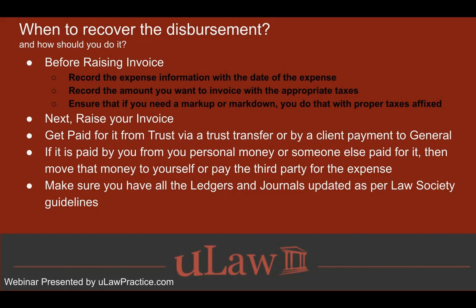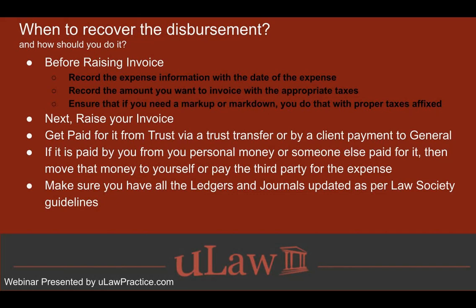And the last point here is, if the payment was made from your personal account, could be an owner's pocket, then you will transfer the money from your trust to general and then draw the money from general to pay yourself. Just to make sure you have all the ledgers and journals updated as per Law Society guidelines here.